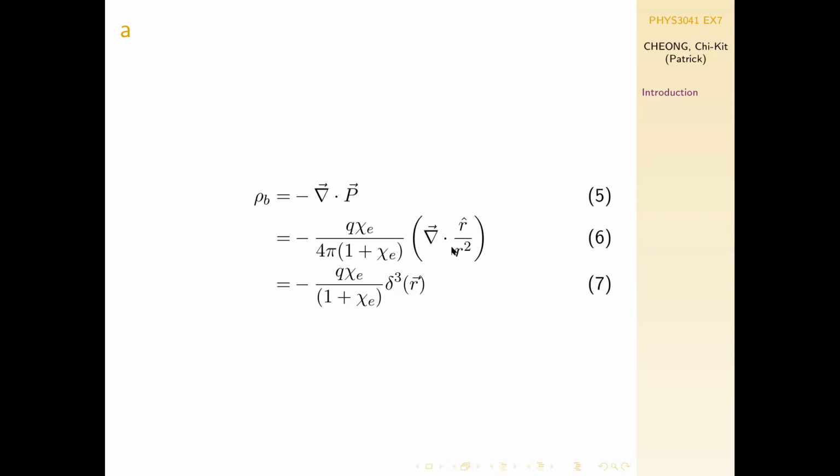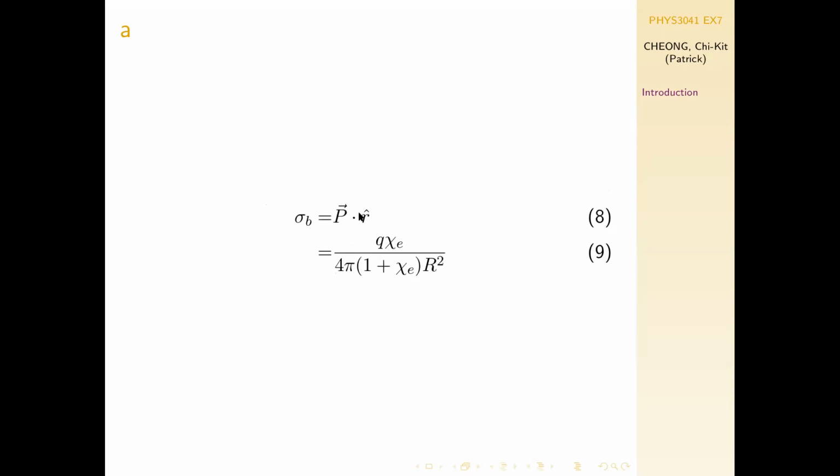This was mentioned in the lecture about vector calculus. It appears all the time when we describe a point charge density or point distribution. Then we reach equation 7.